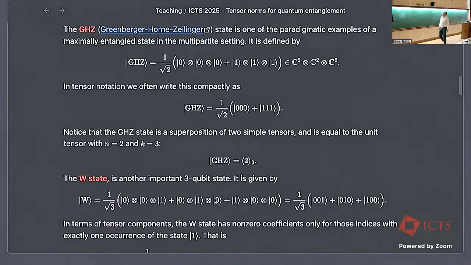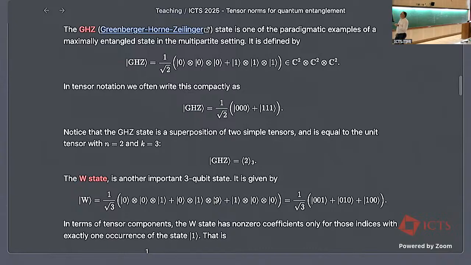So the GHZ, from this writing, you have a decomposition of GHZ as a sum of two tensor products, right? That's one, that's the second one. So from this formula, I already know that the GHZ has rank at most 2. The question is, can it be less than 2? Can it be 1? Can I write GHZ really as a simple tensor? It's quite easy to see that you cannot. So the rank of GHZ is 2.